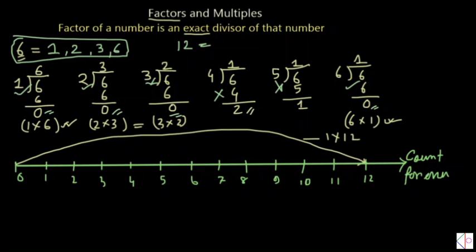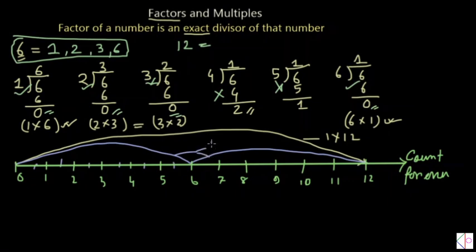It is exactly divisible and the quotient is 6. So 2 and 6 are exact divisors of 12. Here we can move from 0 to 6 in our first jump, and then again from 6 to 12. From 0 to 6, we have to cross 6 unit distances at a time.